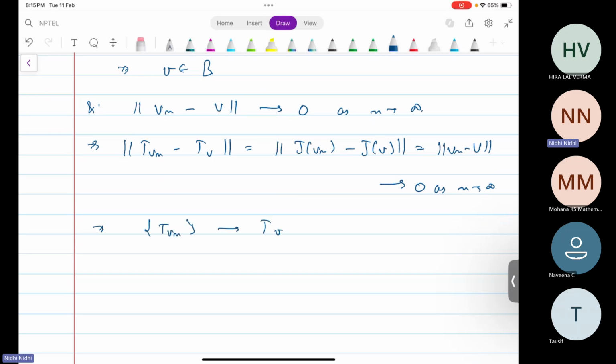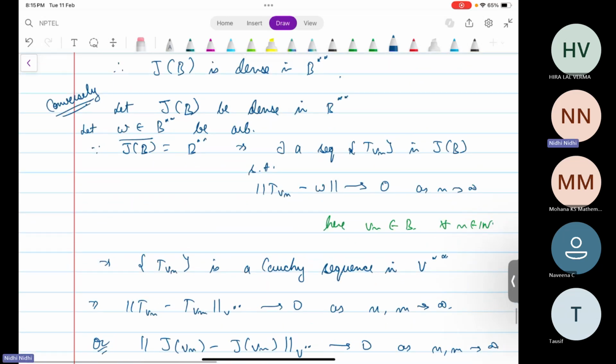But originally we had taken the fact that TVn converges to this W in B star star.